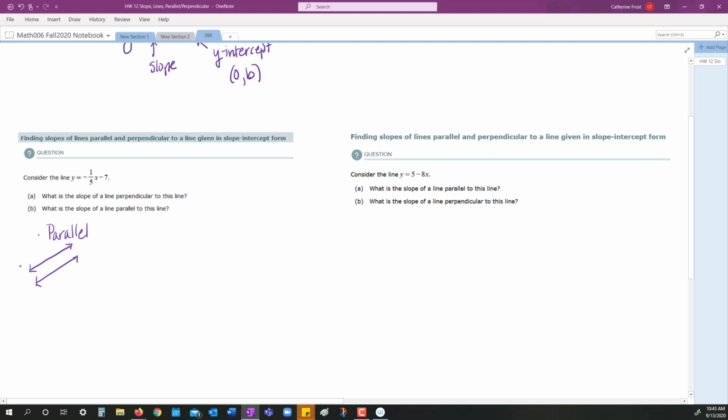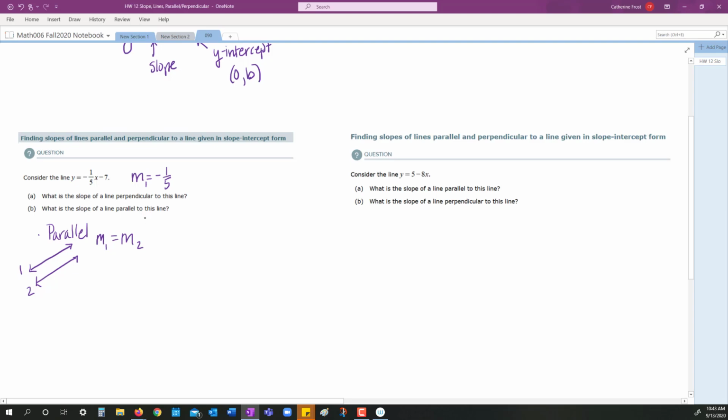So if this is line 1 and this is line 2, the slope of line 1 is equal to the slope of line 2. So looking at the line up here, because it's already in slope-intercept form, we can tell that the slope is -1/5, because that is the coefficient on the x. So m1 equals -1/5, because that's our original line.